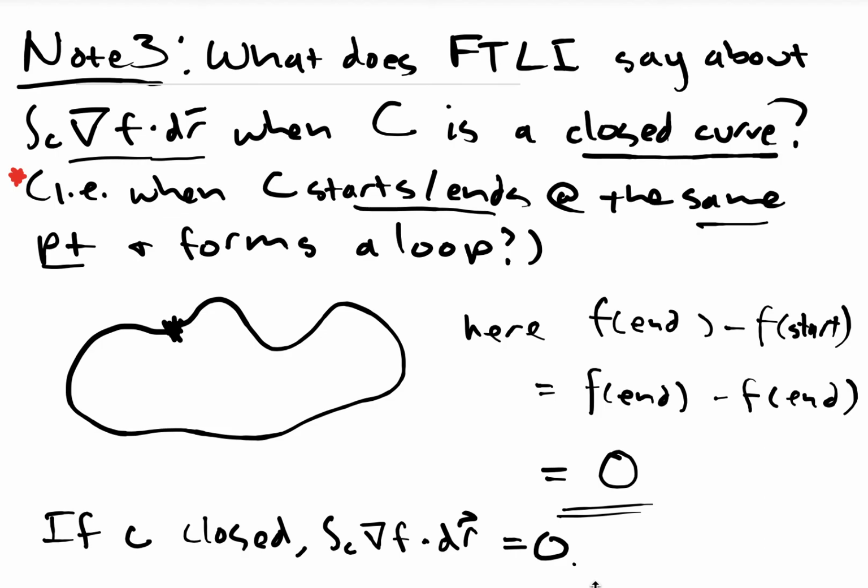Now hopefully, if we think about one of the applications that I've raised before, this kind of makes sense from a physics perspective, right? I've mentioned that one of the applications that we use these line integrals of vector fields for is to compute work that could be done in a vector field.